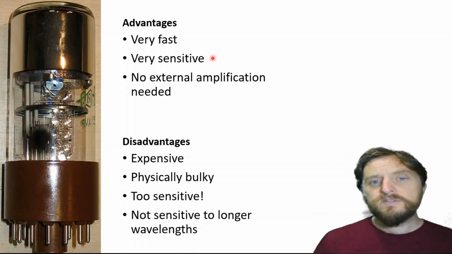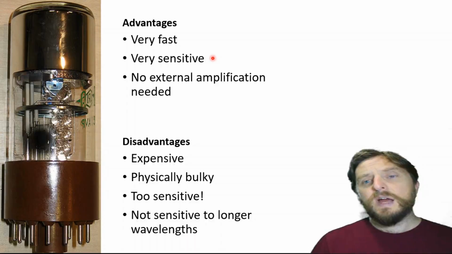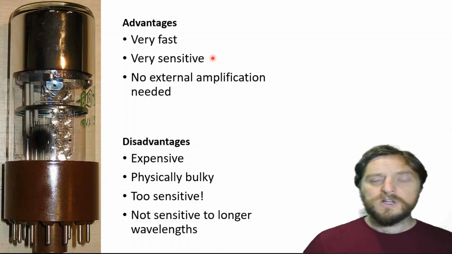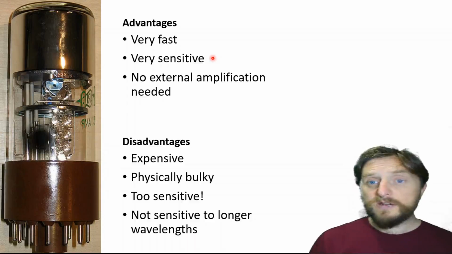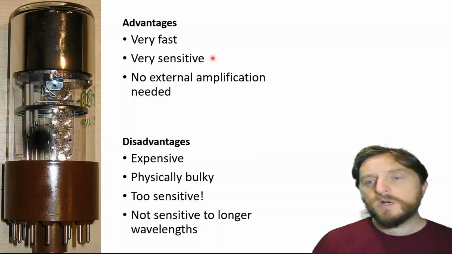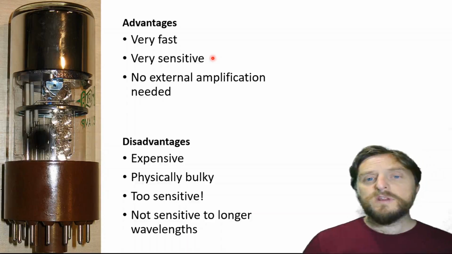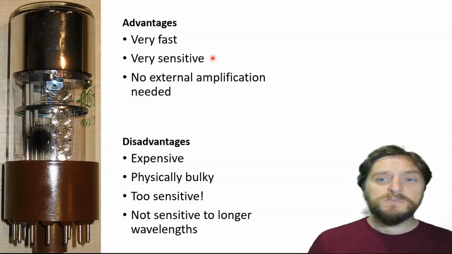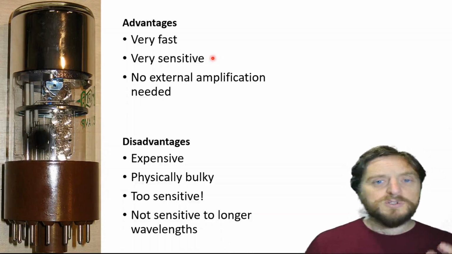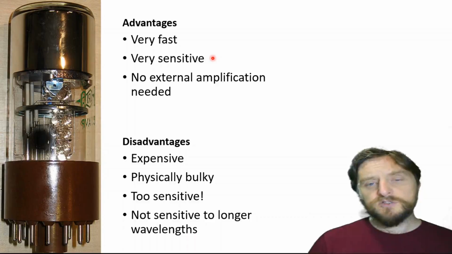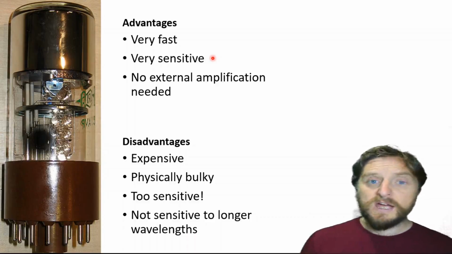And so they tend to have a strong cutoff and are used more in the ultraviolet and the blue end of the spectrum rather than in the visible and the red, though you can get coatings that allow you to do visible light as well. They are sometimes coupled with what are called scintillator crystals to turn them into particle detectors, where some particle like a proton or electron hits the crystal, generates a flash of light, and that can then be detected.